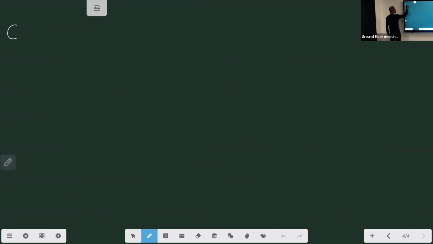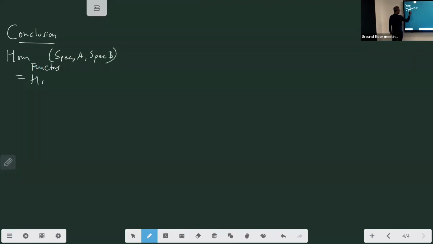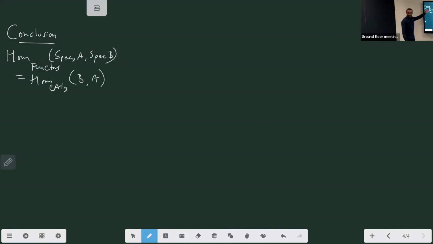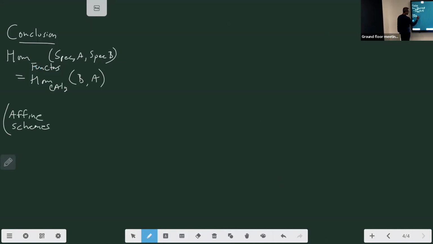Let me just remind you that Hom in functors from spec A to spec B is just Hom in commutative algebras from B to A. And so if I define affine schemes to be the full subcategory of functors consisting of functors of the form spec A, then what we've just concluded is that affine schemes over K is just commutative algebras over K, opposite.